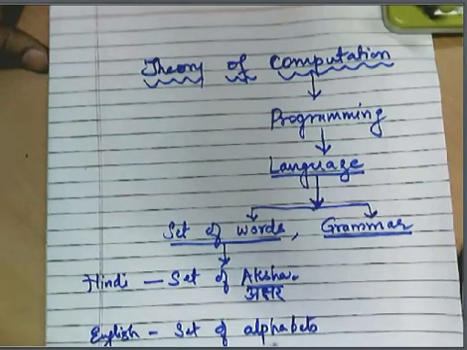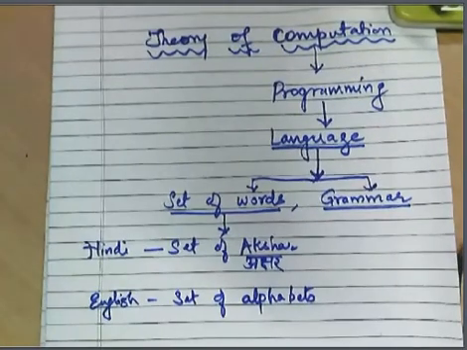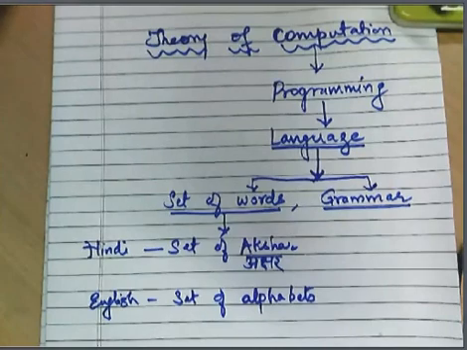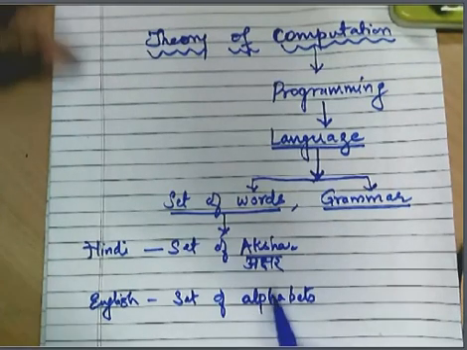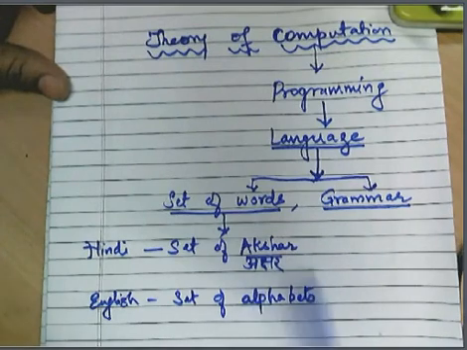Similarly, every language has a set of words which are formed from other small symbols, and those are defined in their own language as either akshar or alphabet or xyz.